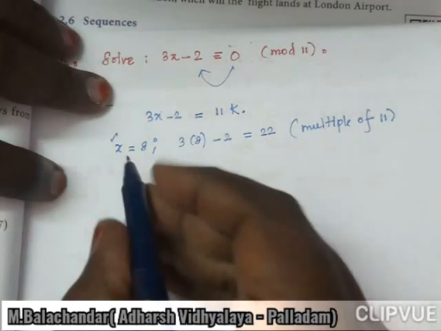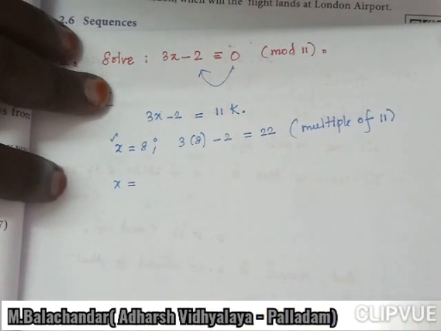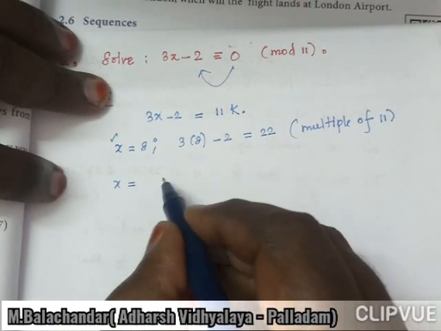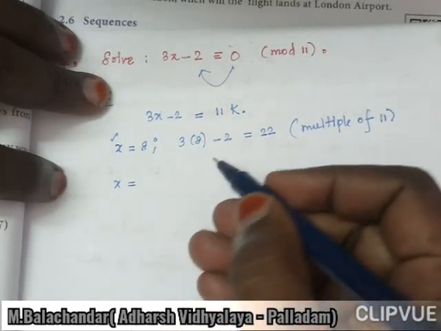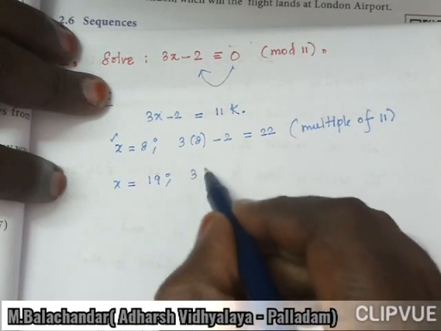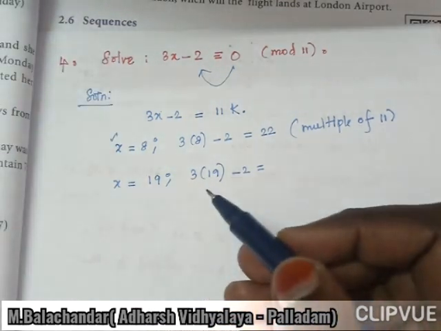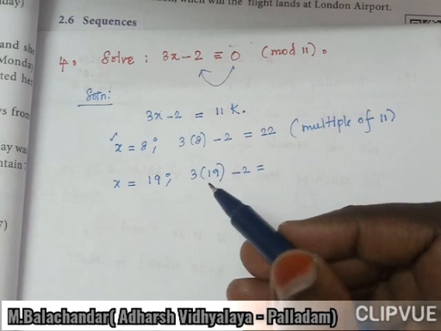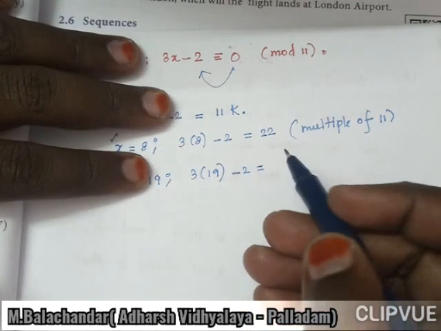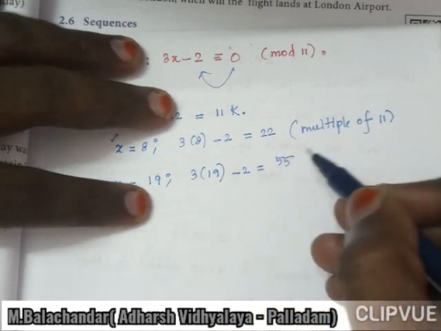Then next, x is equal to 19. 3 into 19, 57. 57 minus 2, 55.